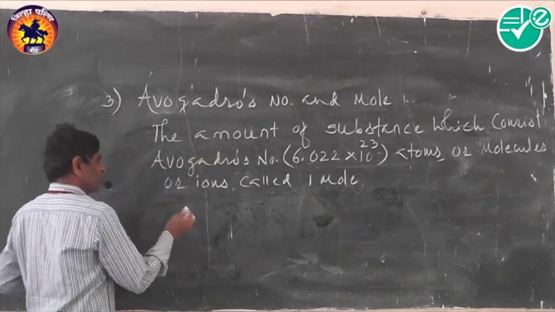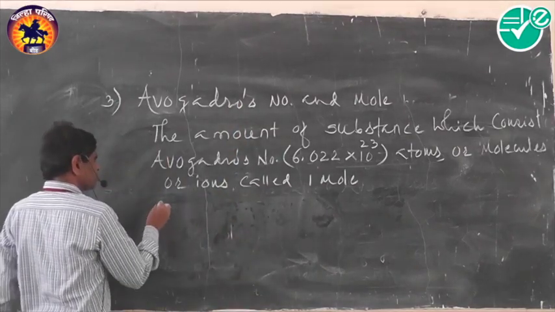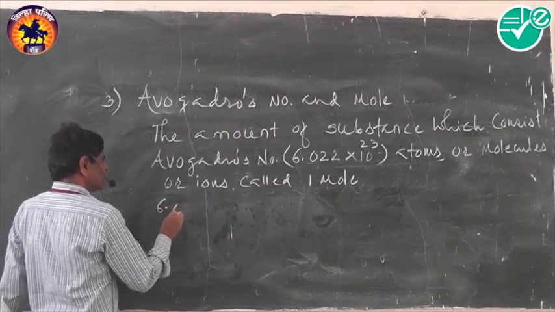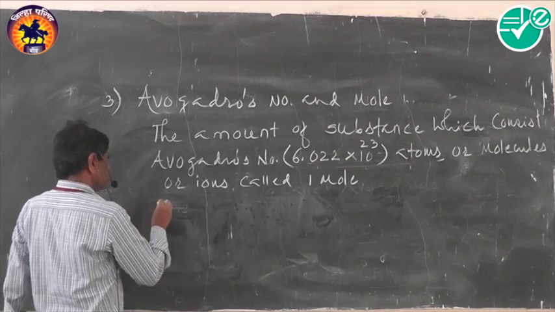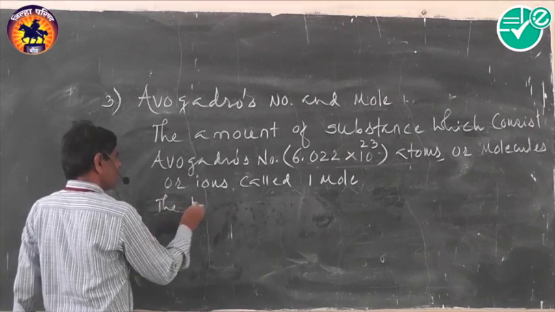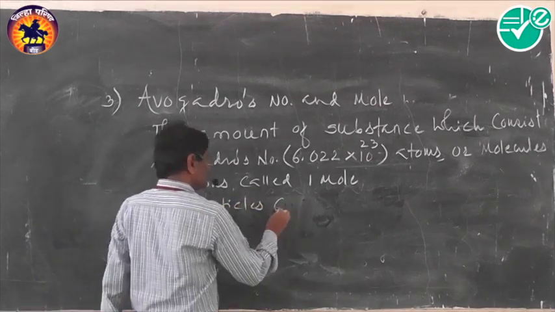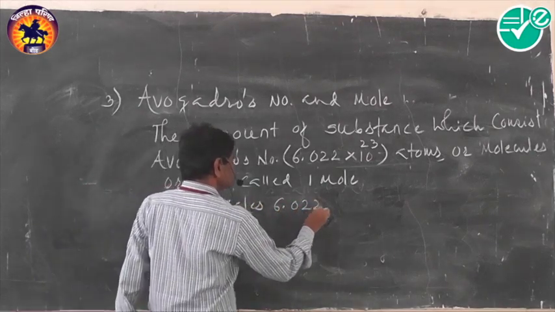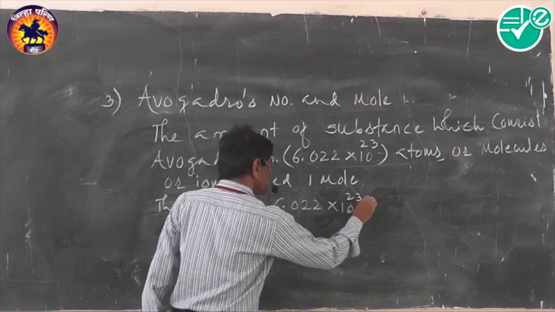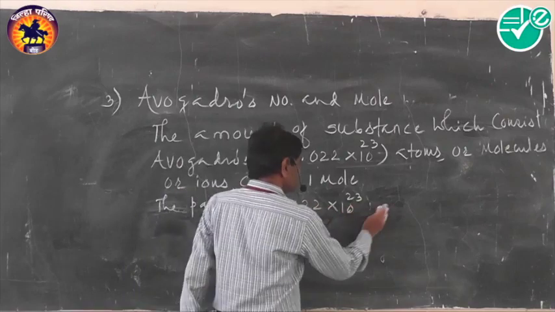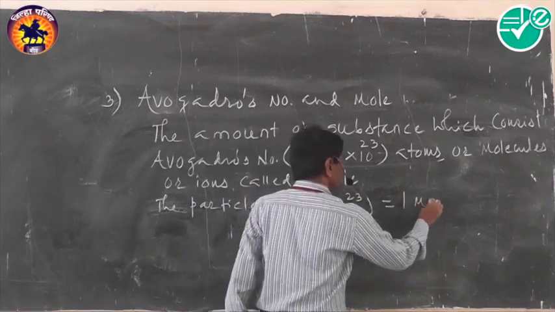Now let us consider the relationship between these and mole. Suppose these 6.022 into 10 raised to 23 particles, their quantity, are considered as 1 mole.